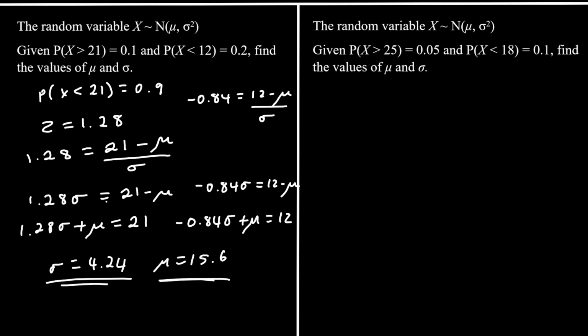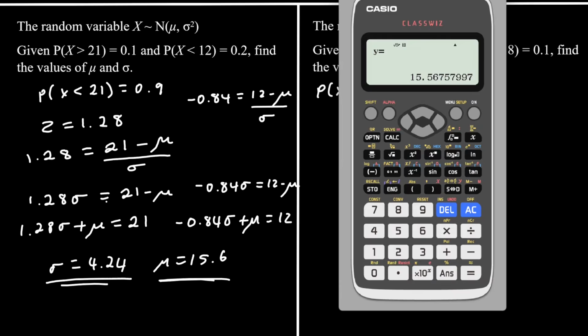One for you to try. Give it a go. So the probability x is greater than 25 is 0.05. So the probability x is less than 25 must be 0.95. So we're going to use 0.95 to find our z value.